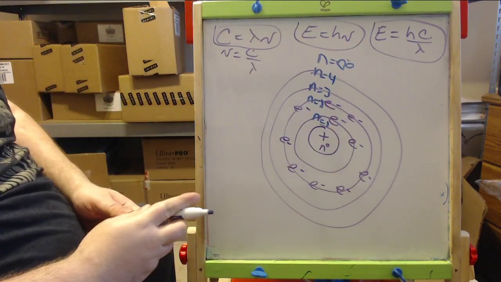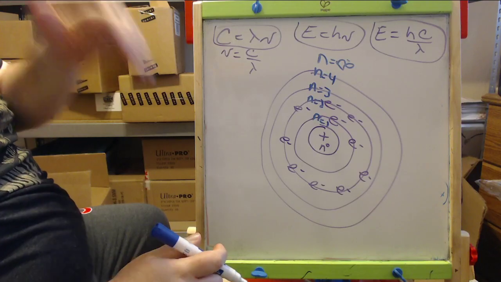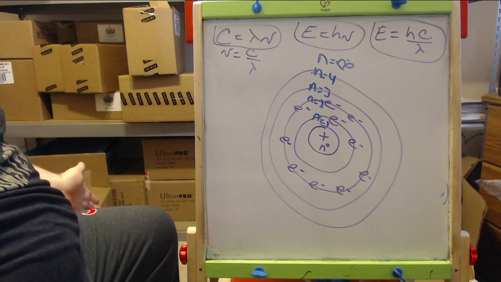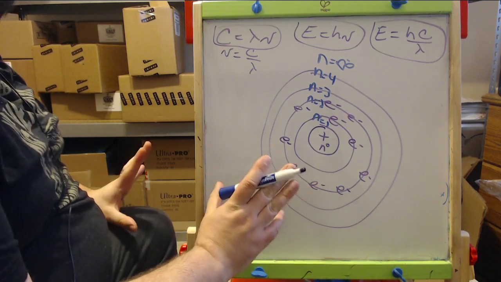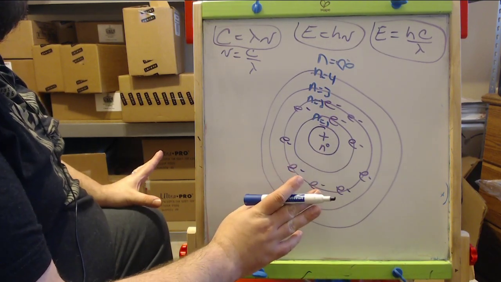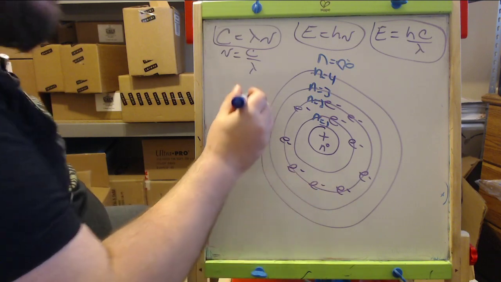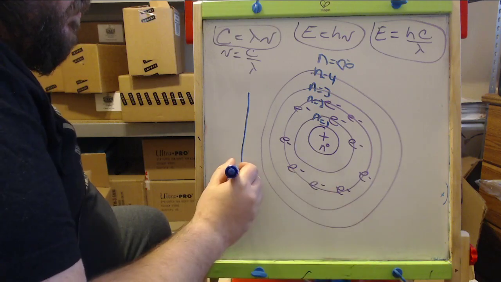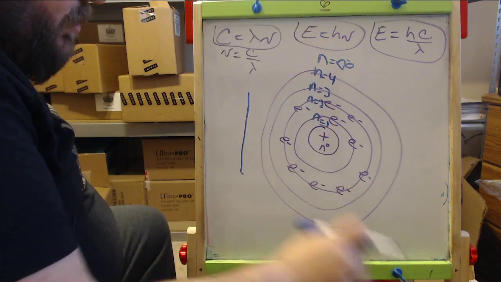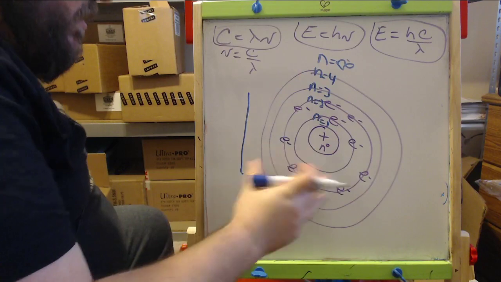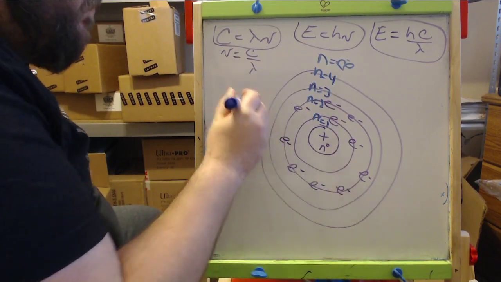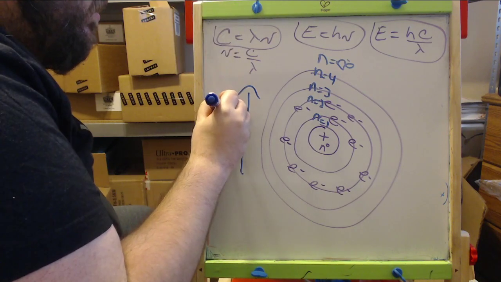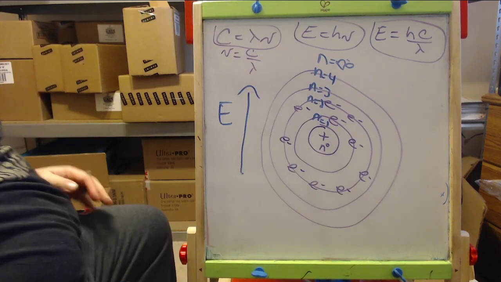At n equals infinity, that level is no longer part of the nucleus. Now, do we ever reach that? No, absolutely not. But it's just what the math was showing here. Now, as we move away from the nucleus, and we usually show it upward, but since it's a sphere, we can go either way, as our level goes up, our energy increases.